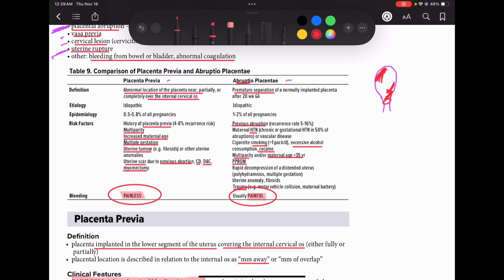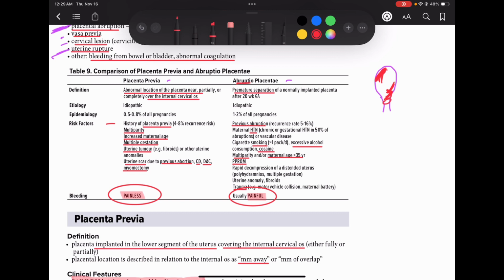Okay? Risk factors for placenta previa: previous placenta previa, multiparity, increased maternal age, multiple gestation, uterine tumor, uterine scar due to previous abortion. So previous abortion, okay, because of many reasons, but it might include previous abortion too.